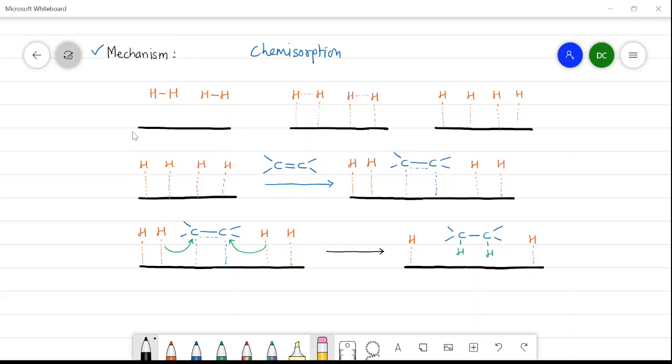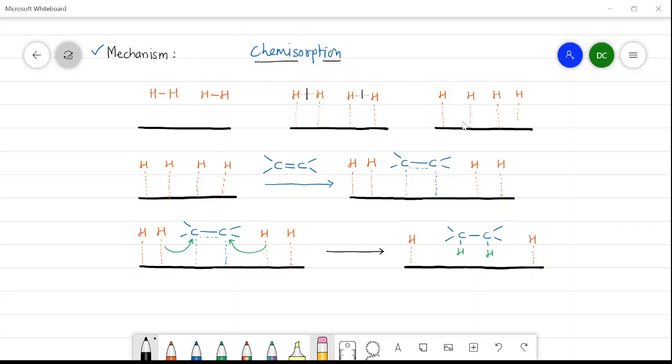Metal contains an empty orbital, so there is formation of a weak bond with the hydrogen, and that breaks the sigma bond between the two hydrogens. The hydrogen then adsorbs on the metal surface through a chemical linkage. That's why it is called chemical adsorption.